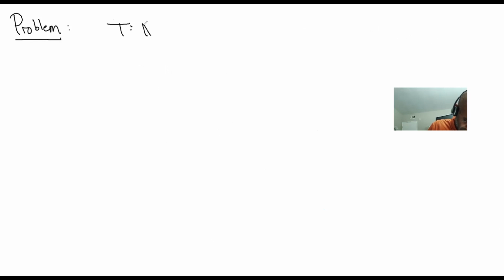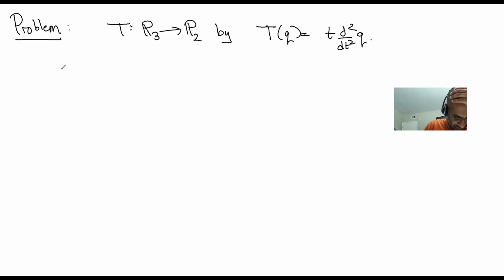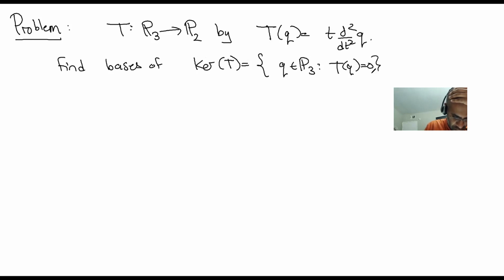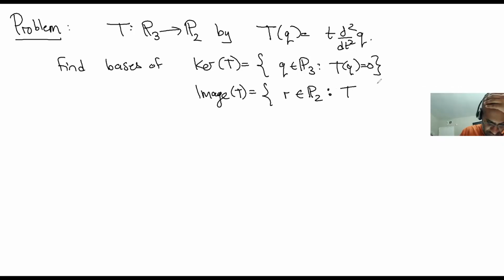You have this linear transformation T from P3 to P2 by T of Q equals the second derivative of Q. And the question is, find bases of the kernel of T, which is, remember, the set of polynomials in the domain so that T of Q is equal to 0, and the image of T, which is the set of polynomials R in the range so that T of Q equals R has a solution.